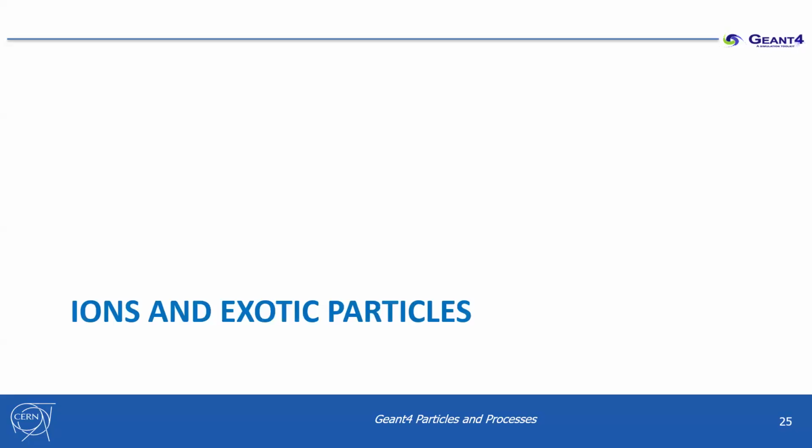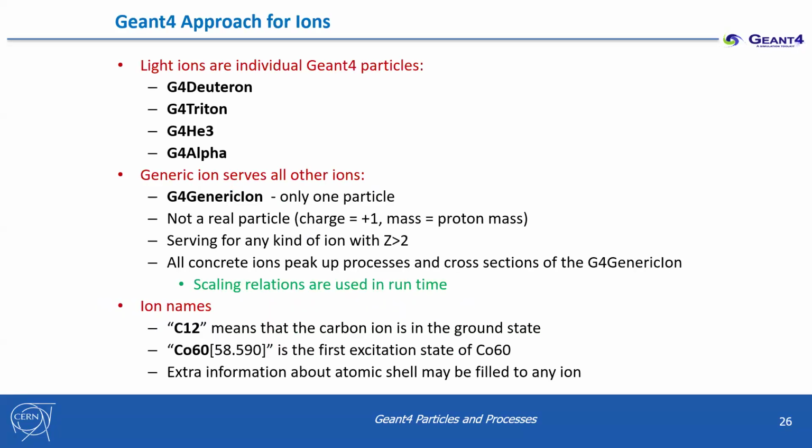Few other comments. Gen4 approach for ions. As I said before, light ions are defined, and there are individual Gen4 particles: G4 deuteron, G4 triton, G4 helium-3, G4 alpha. Generic ion serves for all ions with charge above 2.